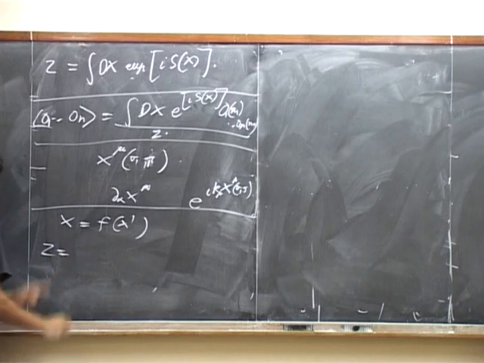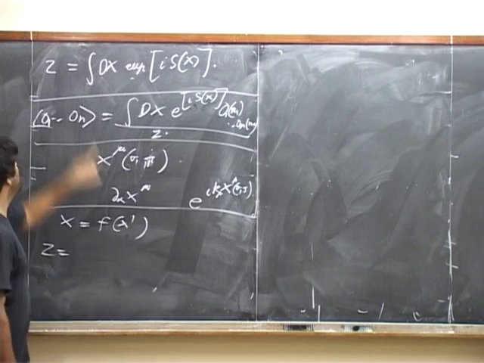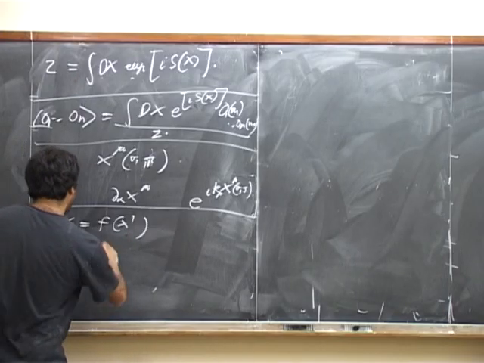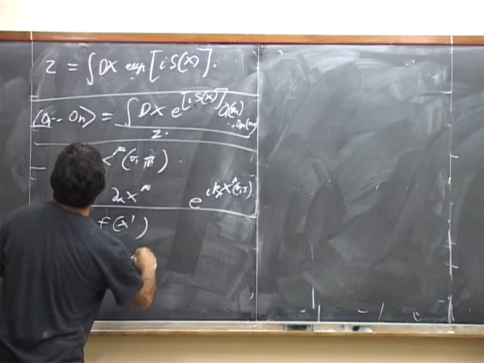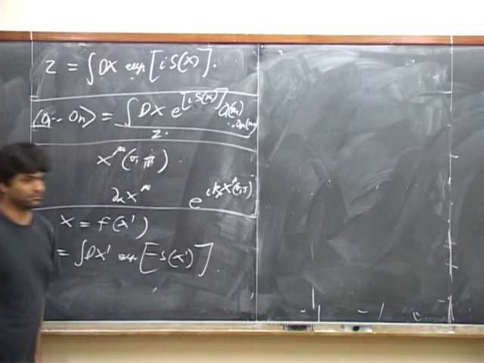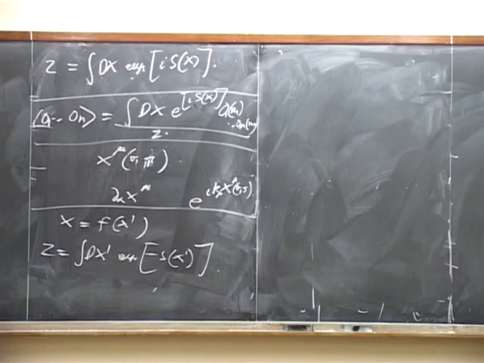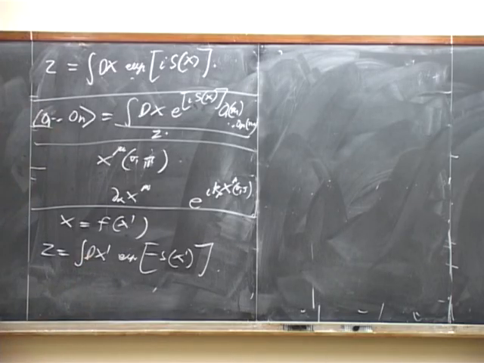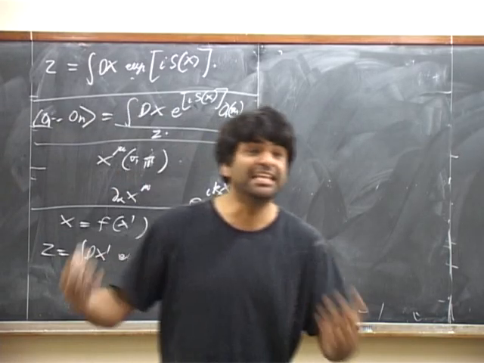Now, Z, if you just make this variable change into this integral, it turns into the integral dx prime exponential of minus S. I emphasize that what I'm talking about here is functional form, because all I've done is a variable change. The variable change can't change the value of an integral.